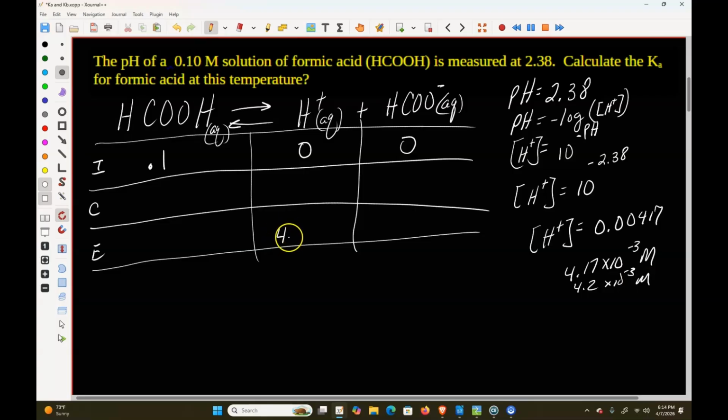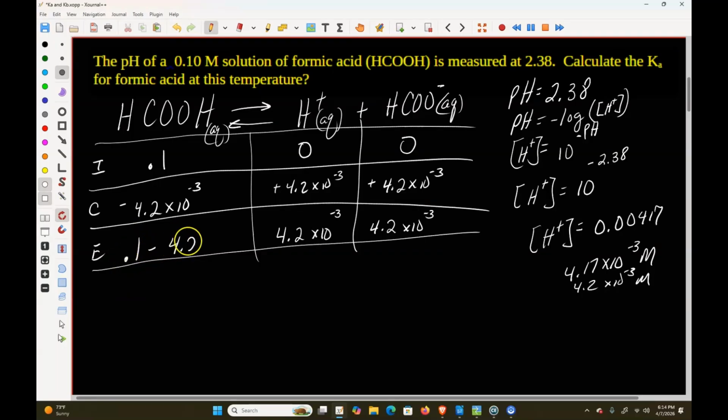So this value is going to be 4.2 times 10 to the negative third. This will be 4.2 times 10 to the negative third, so I'm adding. And I'm subtracting here 4.2 times 10 to the negative third. So at equilibrium, this will be 0.1 minus 4.2 times 10 to the negative third.